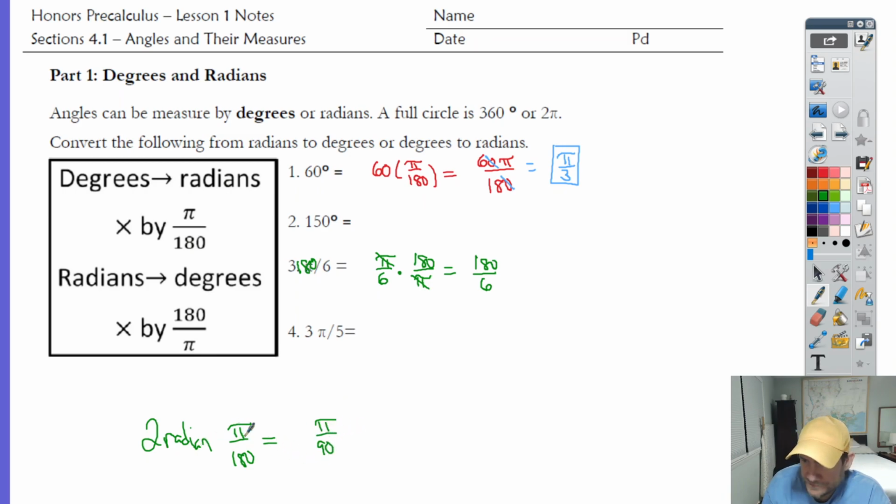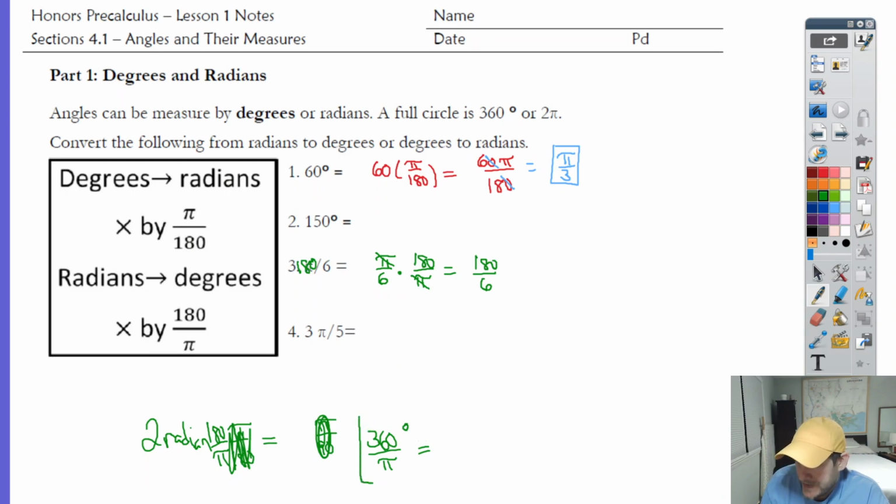It'd be 180 over pi that you're multiplying by to convert. So you'd get 360 over pi degrees. And if pi is like 3-ish, then 360 over pi would be like 120-ish. And that's right. 2 radians is about 120 degrees.